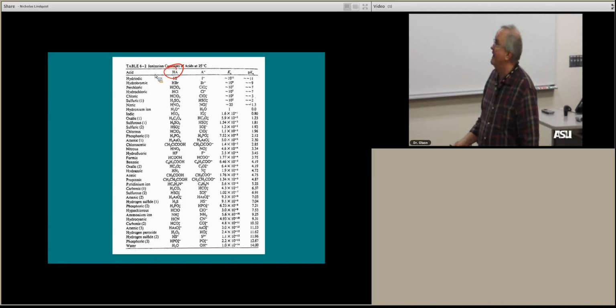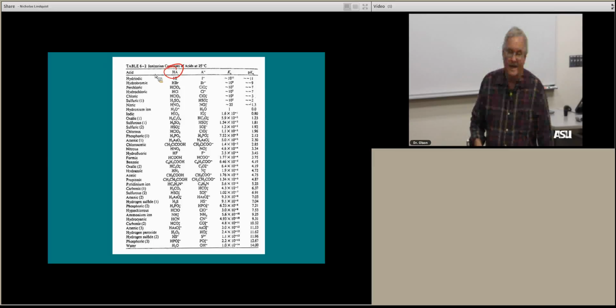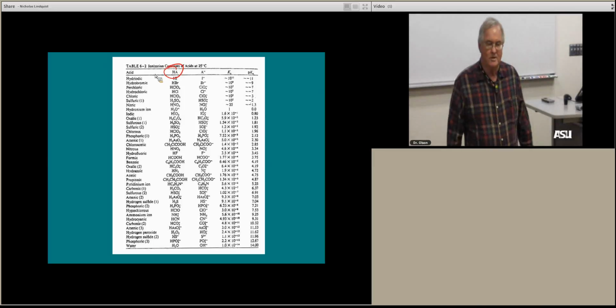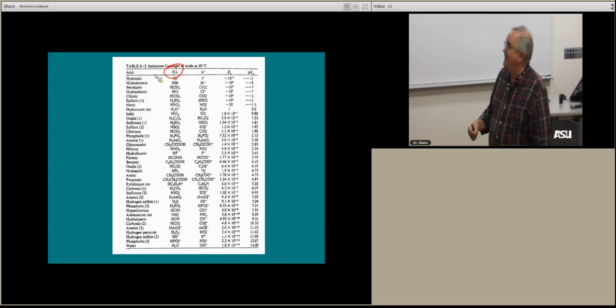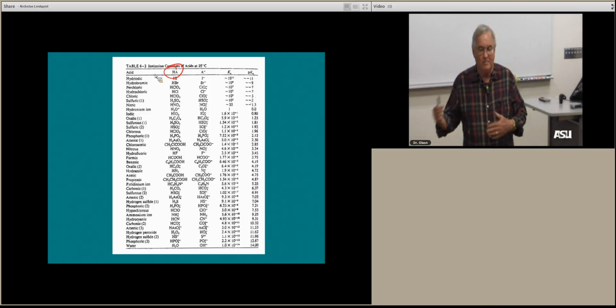So if I have hydroiodic acid, HI, then what I get when I pull a proton off is I minus. If I have H2SO4, like in sulfuric acid, then what I get left behind is HSO4 minus, the bisulfate ion. Okay?